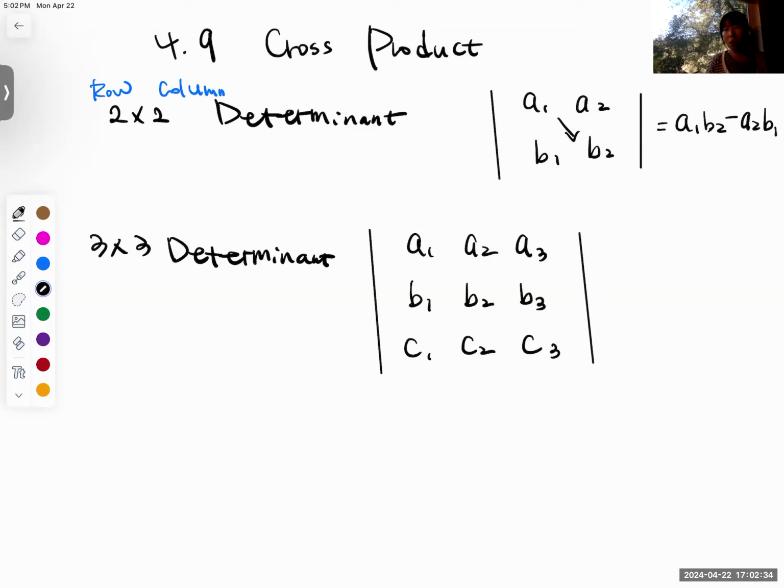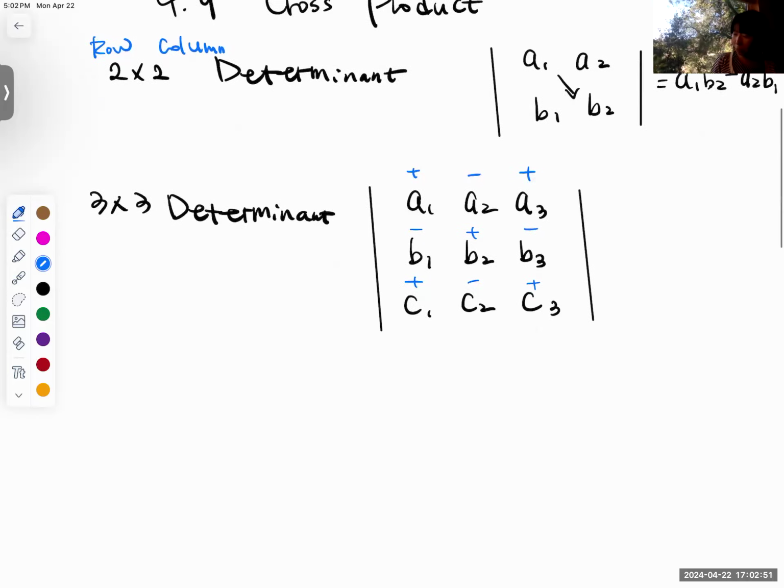Okay, so we went over this last time, right? Like a cofactor expansion, we make the signs alternate: positive for the first one, negative, positive, and so on. So what are we doing for this one?